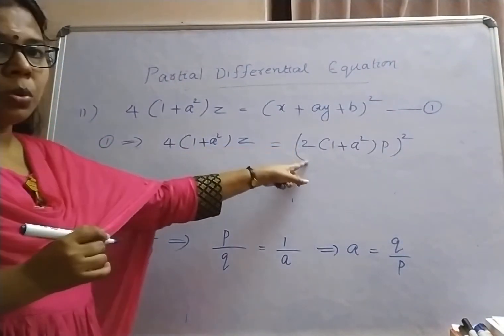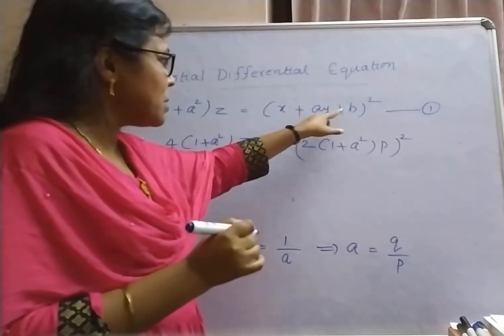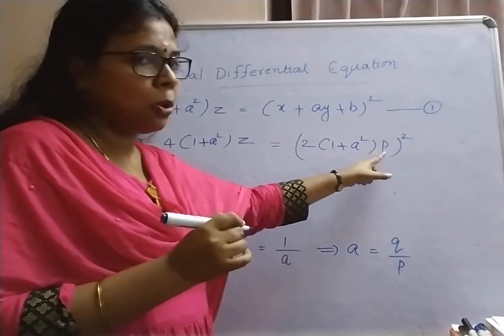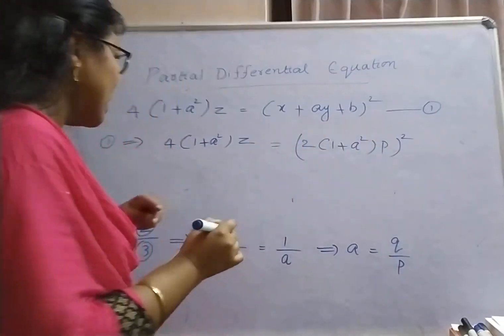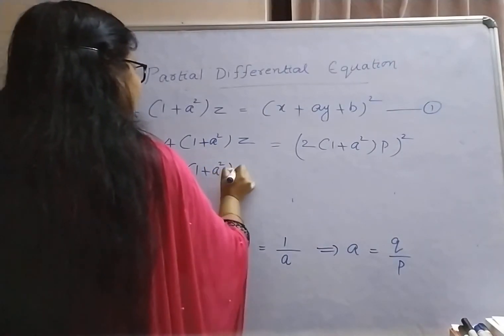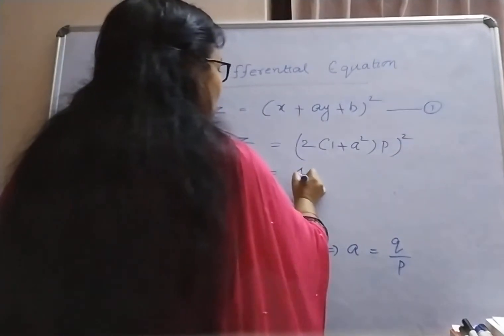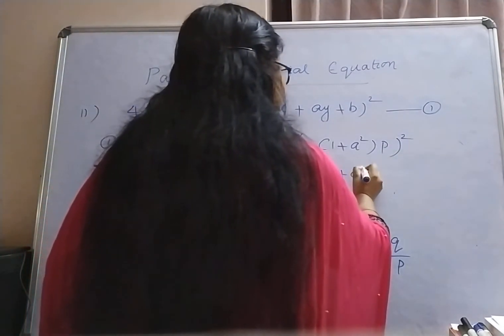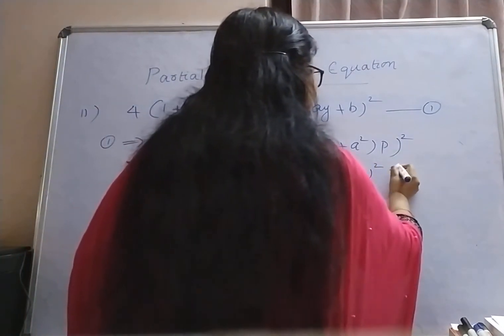From equation 2, x plus ay plus b is 2 into (1 plus a square) into p, the whole square. That is, 4 (1 plus a square) into z equal to 4 (1 plus a square) the whole square p square.